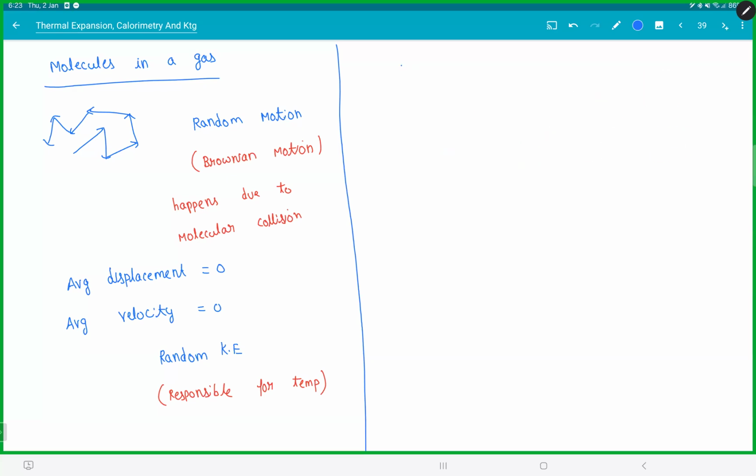So then what is systematic motion? Basically, in a systematic motion, you can predict the path. You can tell where the molecule is going to go next. That's simple. There are always two parts.